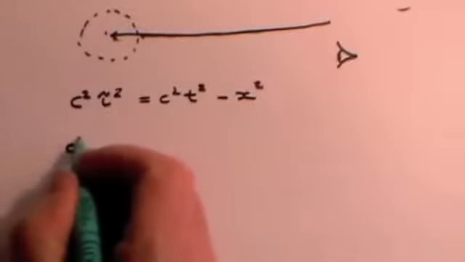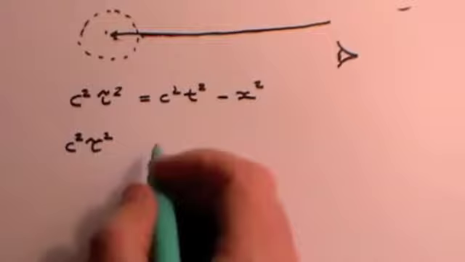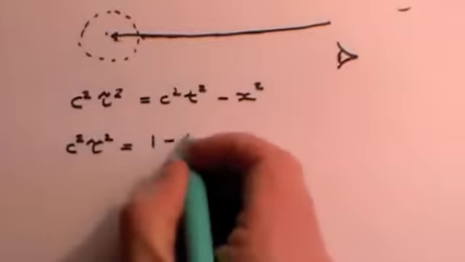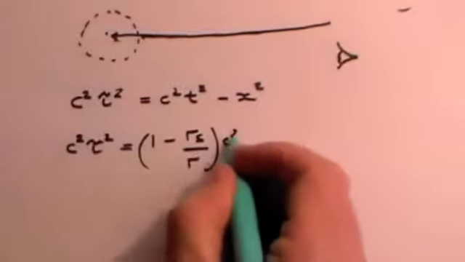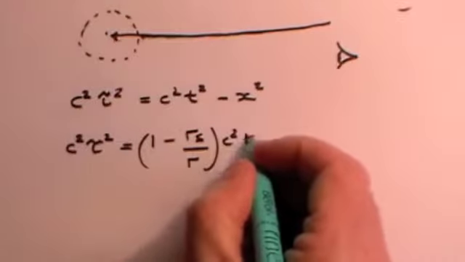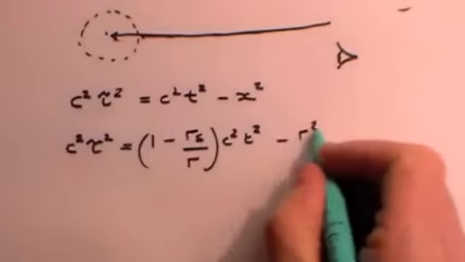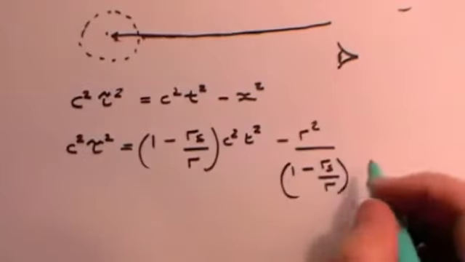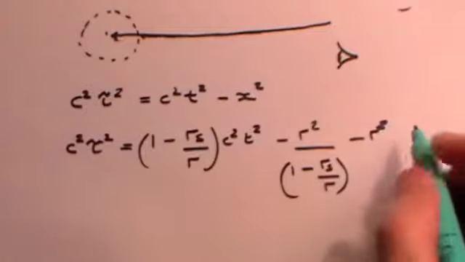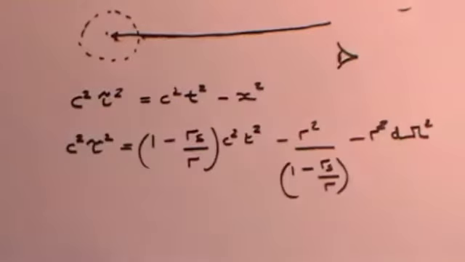But basically what the Schwarzschild metric says is that c squared tau squared is, and I should say this now, has to be done in polar coordinates, so instead of using x, y and z, ordinary Cartesian coordinates, we use r, theta and phi, and it becomes 1 minus rs over r, where rs is the Schwarzschild radius, times c squared t squared, minus r squared over 1 minus rs over r, minus r squared d omega squared, where d omega is just a shorthand.